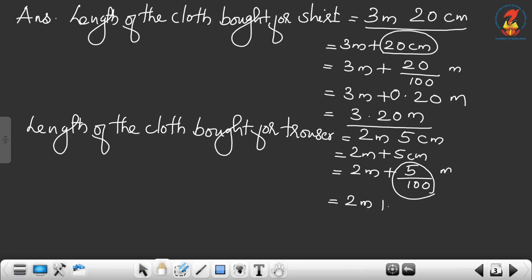So 2 meter plus, after 1 we have 2 zeros. So look at the number in the numerator. We have to move 2 digits to the left. Here we have only 1 digit, 5. Then we have to put a 0, and after that the decimal point. So 0.05 meter. The whole number part is absent, so we can write it as 0.05 meter.